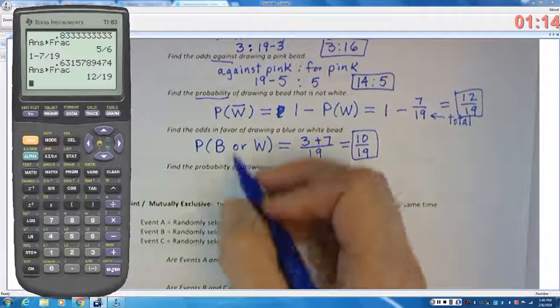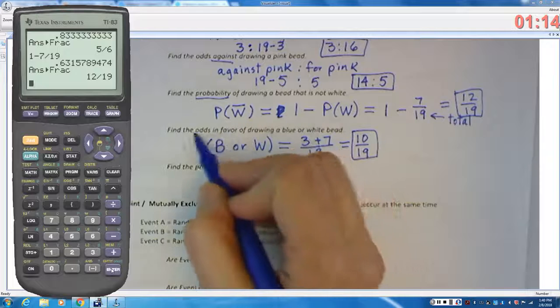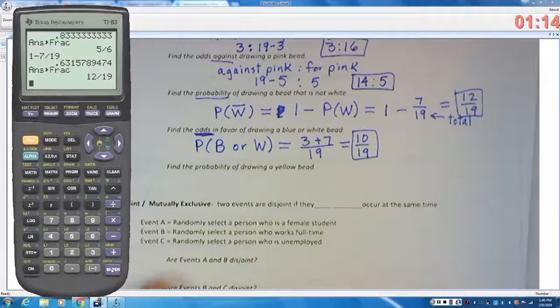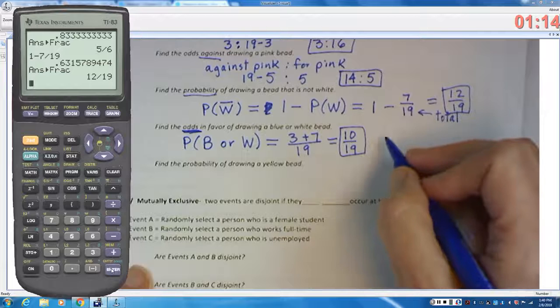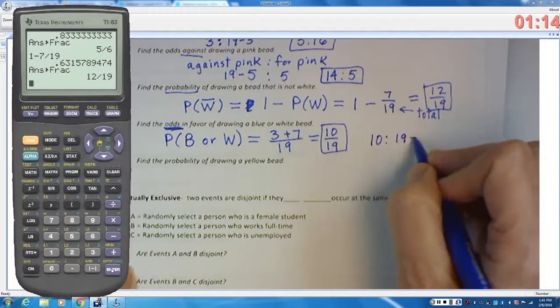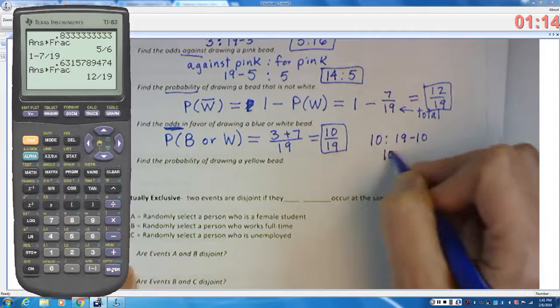No, that was odds, sorry, I didn't read it right. That's odds. It's 4 blue or white, there's 10 ways, and then we have to do 19 minus 10. So it's 10 to 9.